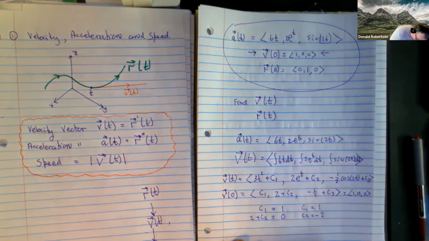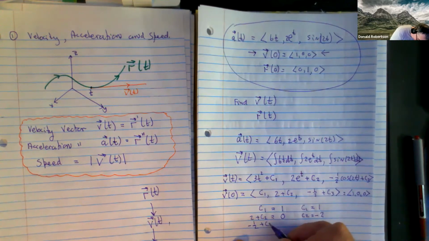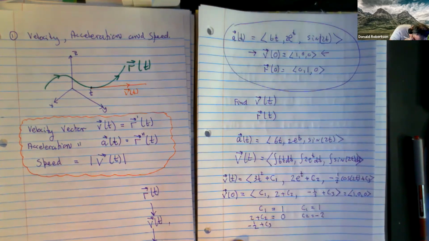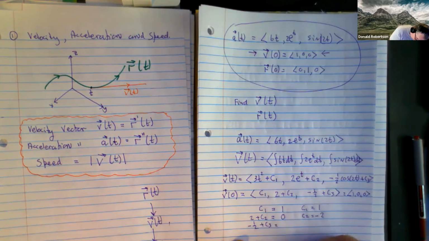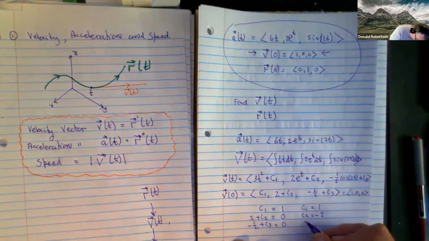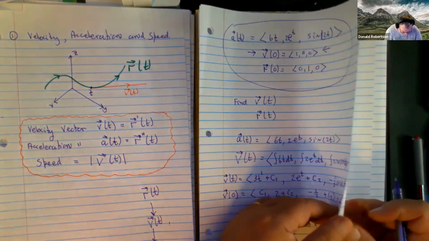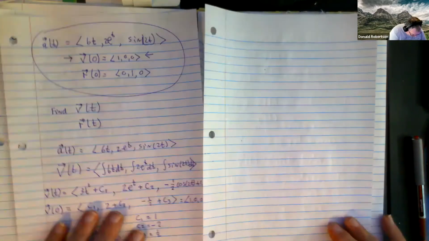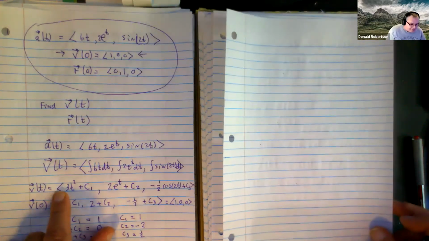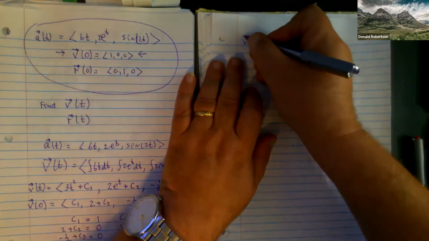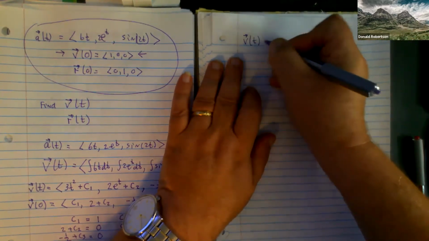And then lastly, we have negative a half plus C3 has to be 0. So that makes C3 1/2. Which, when we put that together with the velocity vector, we now have its exact solution.